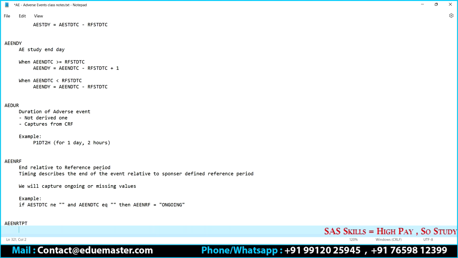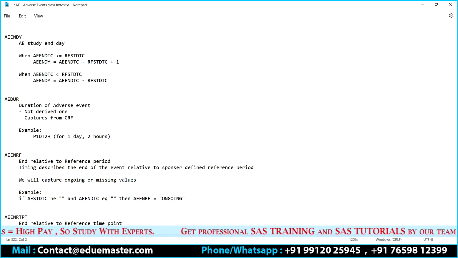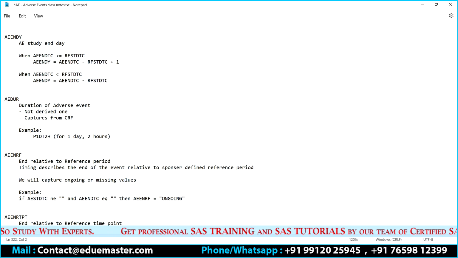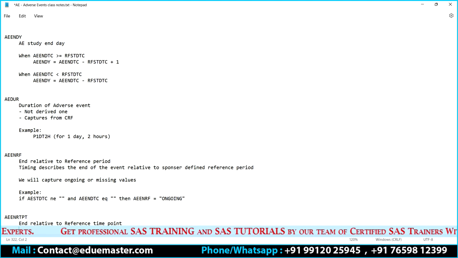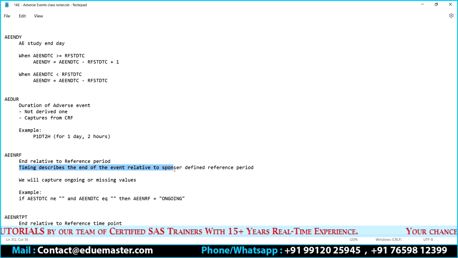That is end relative to reference time point. It is not the period, it is going to be the time point. Again, it is almost the same. The timing identifies the end of the event being before or after the reference time point.